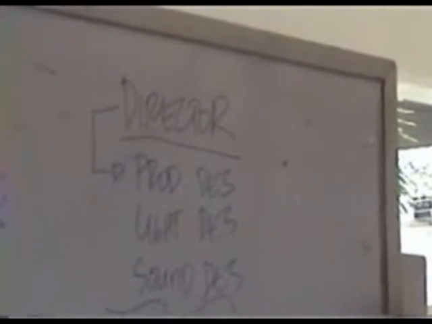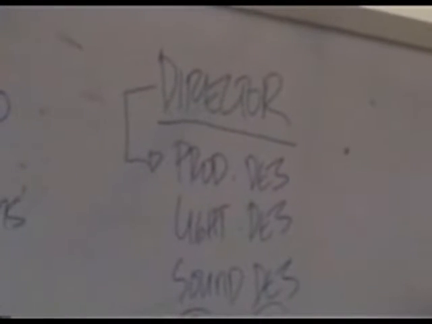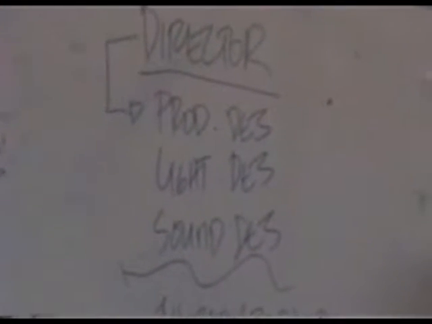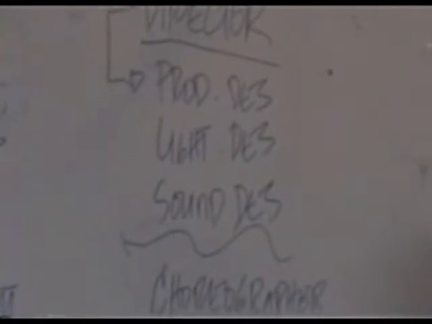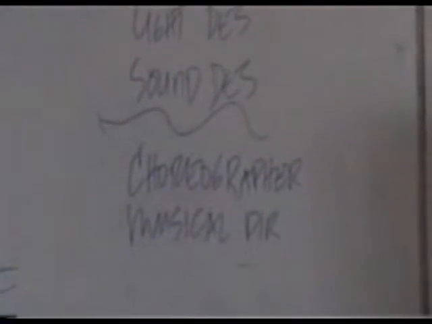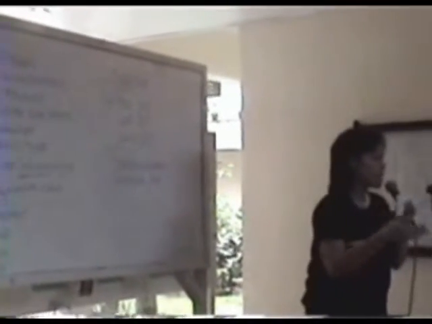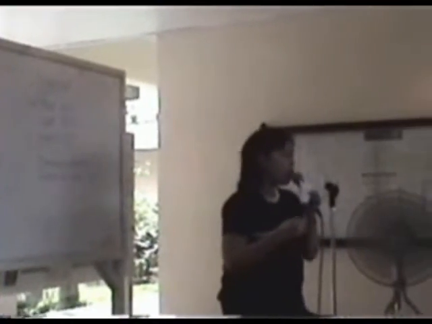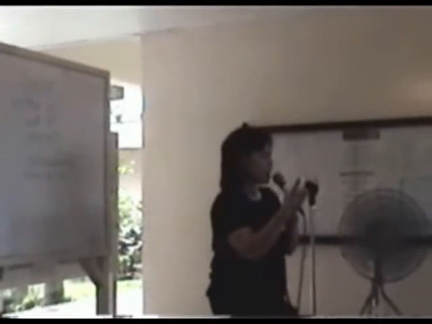What are the assignments of the following people? The director is the head, okay? The overall creative head. He is in charge of creating the vision for the play. So once the director reads the script, he already creates some impressions in terms of what do I see? When I read these lines, what do I feel?